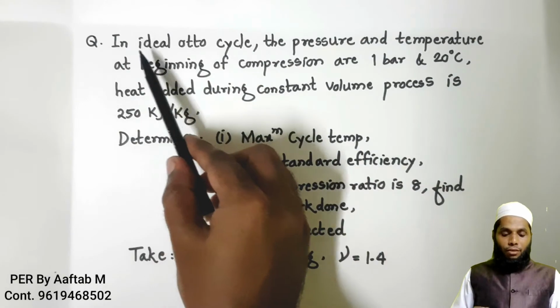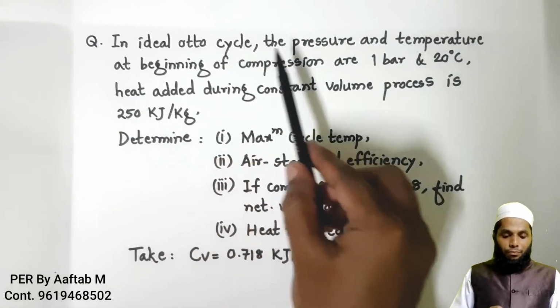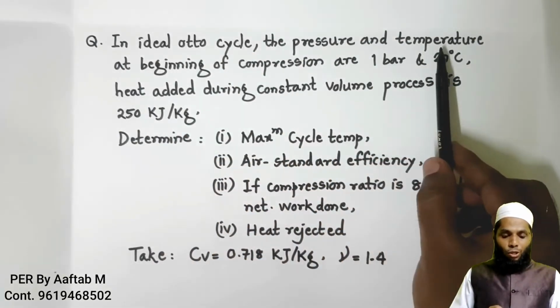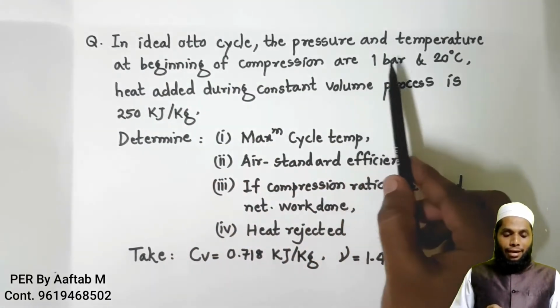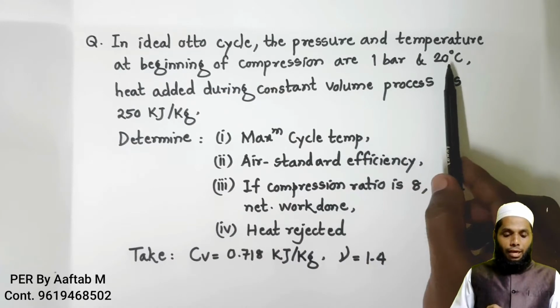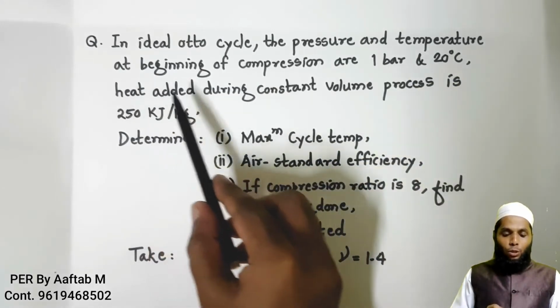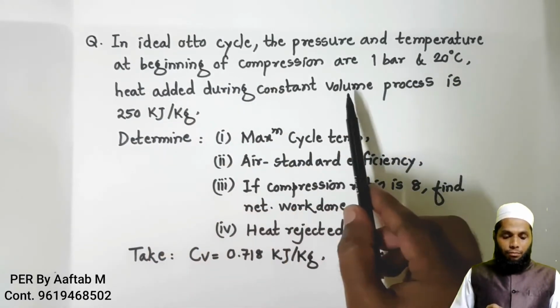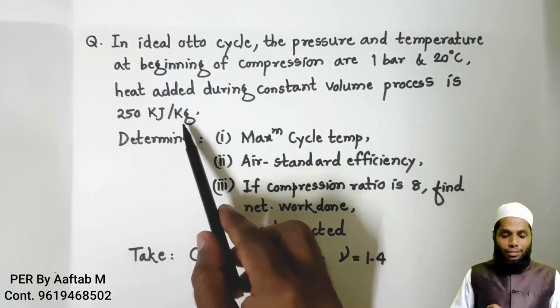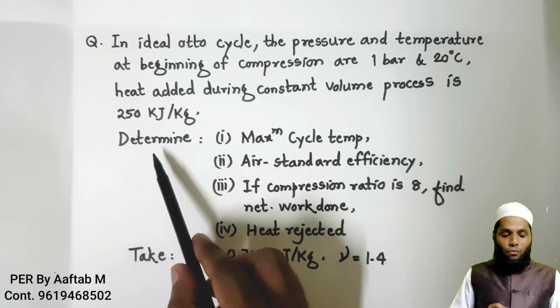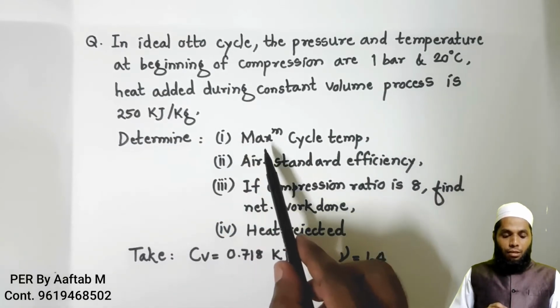So here we have this important problem. In ideal Otto cycle, the pressure and temperature at beginning of compression are 1 bar and 20 degrees centigrade. Heat added during constant volume process is 250 kilojoule per kg.